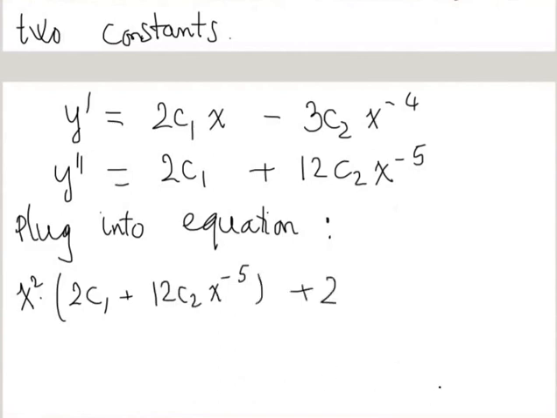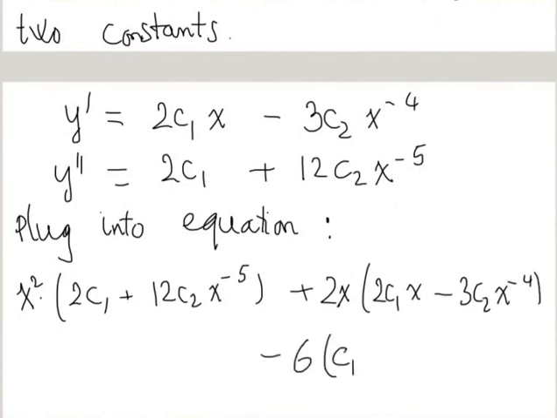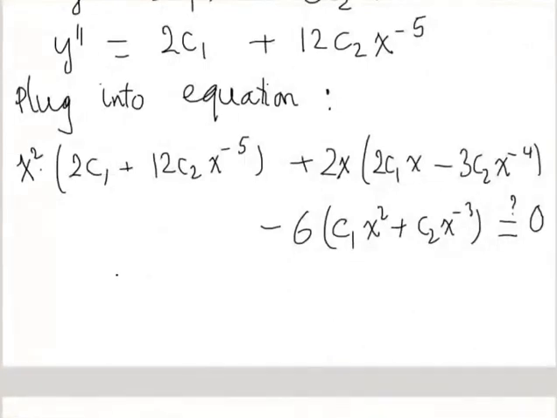Then plus 2x times the first derivative, which is here, so 2c1x minus 3c2 x to the negative 4. And lastly, minus 6 times y. y is c1 x squared plus c2 x to the negative 3. And we want to know, is it true that everything cancels out to get 0? Well, you just do the algebra and see what happens.